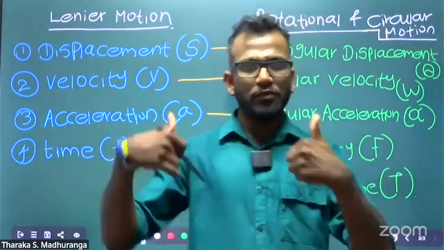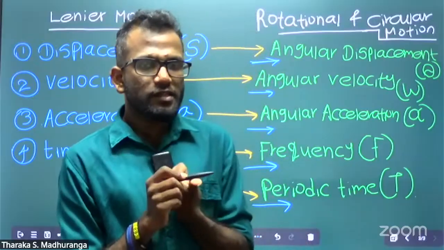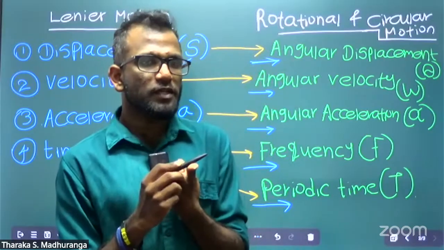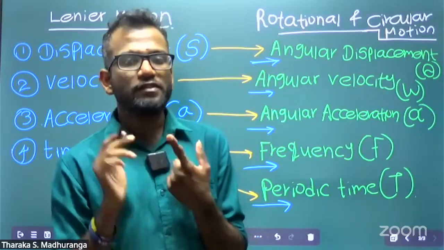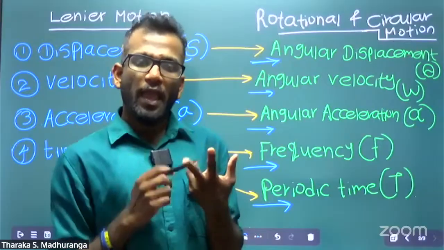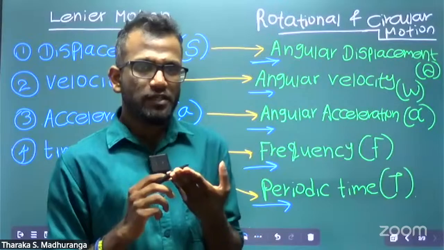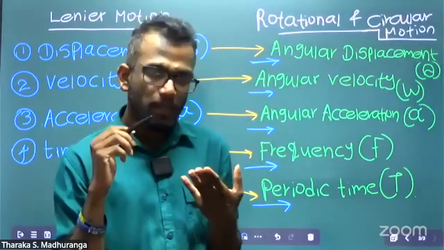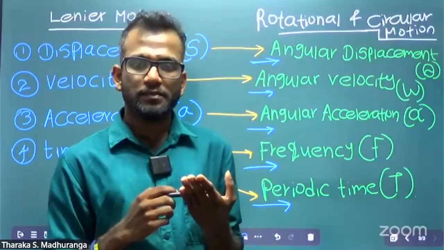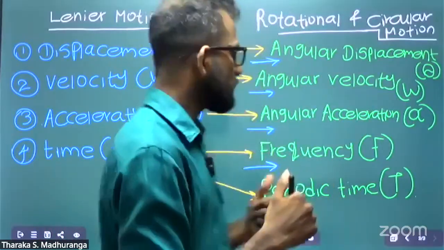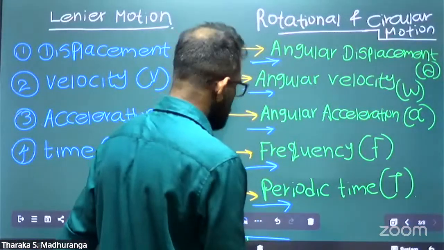Now again, practice. What are the names? Angular displacement, what is the symbol? Theta. Angular velocity, symbol? Omega. Angular acceleration? Alpha. Frequency? Simple f. Periodic time? Capital T. Good. I have already given this in the tute.